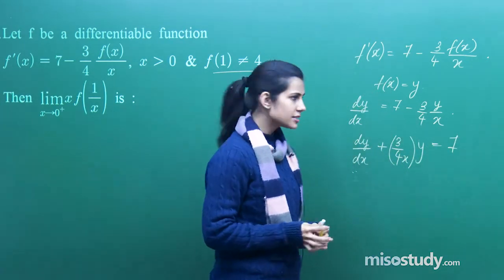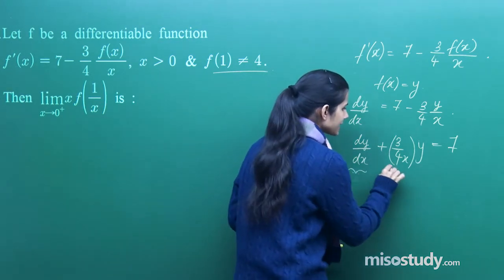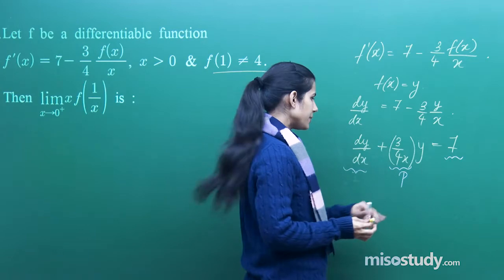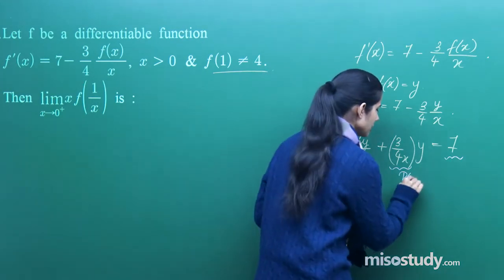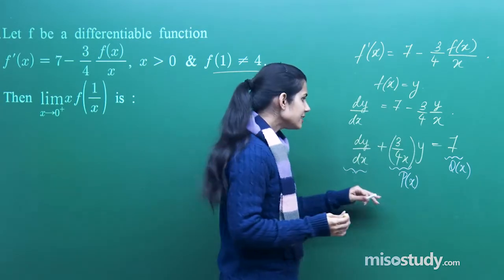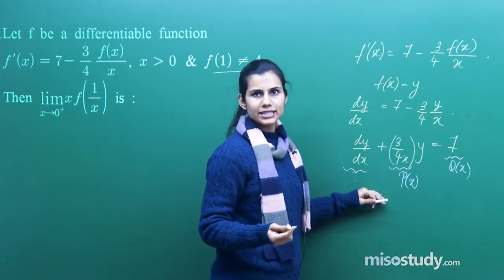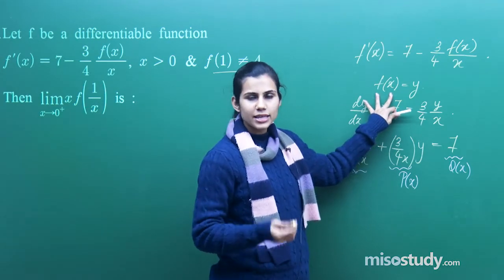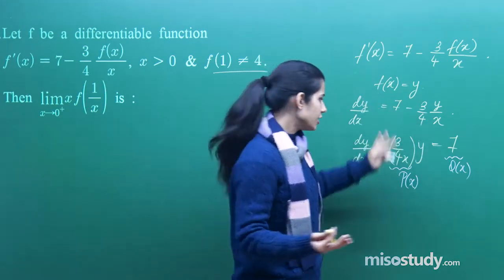I can write it like this. This is like dy by dx plus py equals q, where p is a function of x and q is a constant term. Isn't this my linear differential equation? Let's solve it. I will be solving it for y, that means I will be solving it for f of x. I will get my expression of f of x, right?